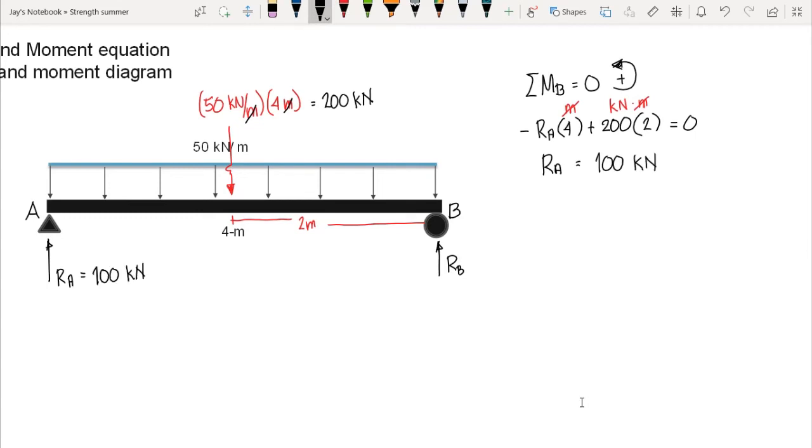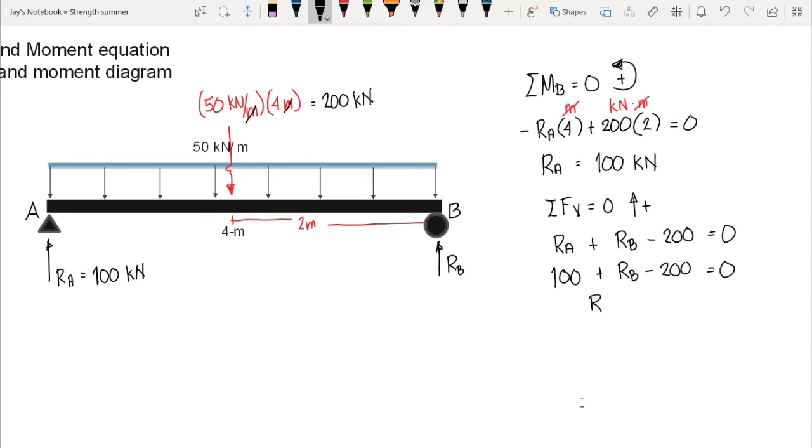Now for reaction at B, we sum up forces vertical equal to 0, then all the forces acting upward are positive, so we have RA positive, plus RB positive as well, minus the resultant of the uniformly distributed load, 200, and it is equal to 0. Since we have computed already the value of RA, we substitute it here: 100 plus RB minus 200 is equal to 0.